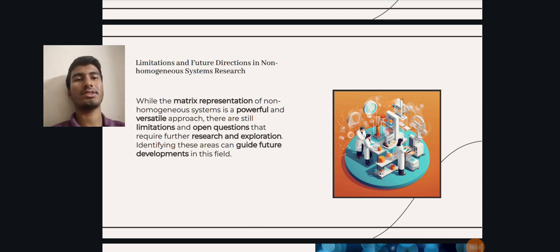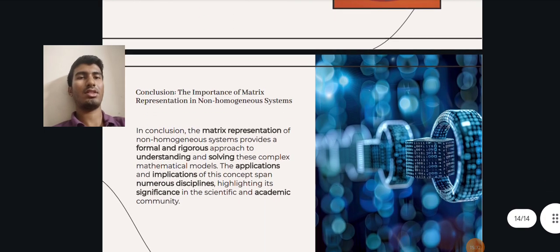Identifying these areas can guide future development in these fields.